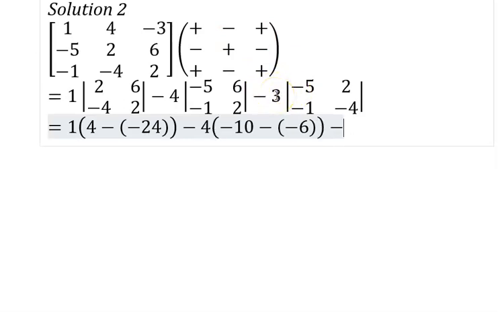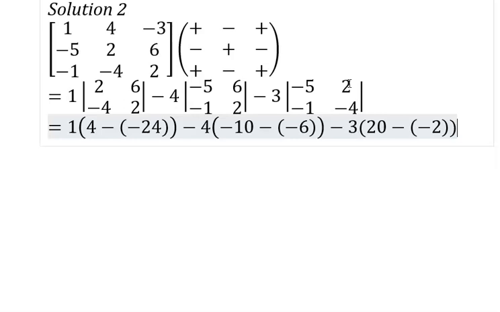Minus 3. Beautiful. You open up your bracket. Minus 5 times minus 4 will give you 20 because minus times minus will give you plus. Minus 1 times 2 will give you minus 2. Beautiful.